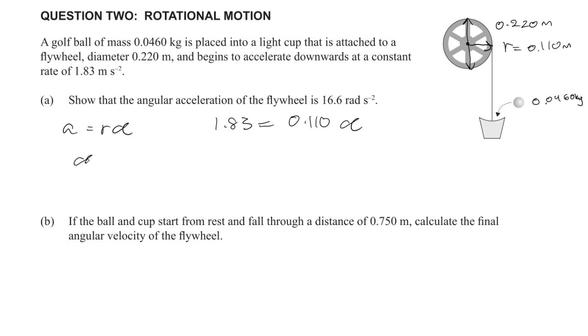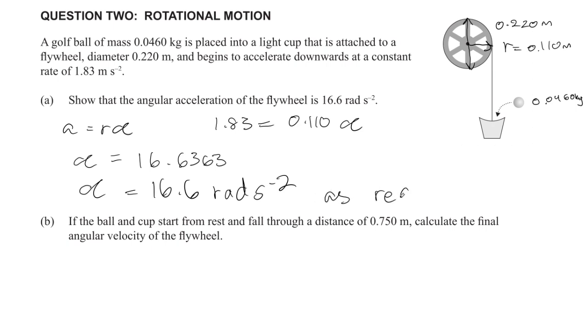So the angular acceleration equals 1.83 divided by 0.110, which equals 16.6363. Now I haven't rounded it yet. We've got 3 significant figures here and 3 significant figures here, so we use the lowest significant figures: 16.6, and this is in radians per second squared. And we say 'as required' because this is a show that question. This is probably going to get you the marks if you get the right answer.